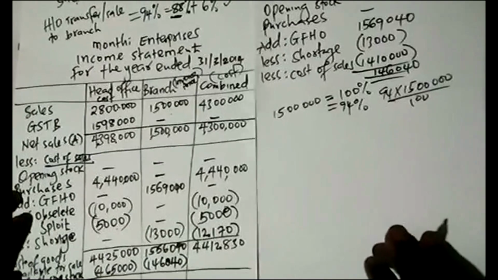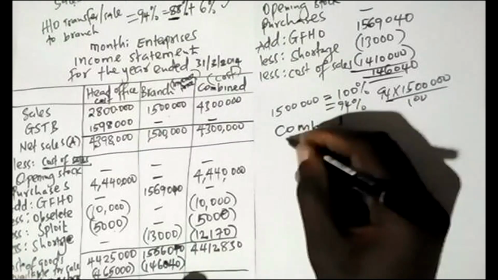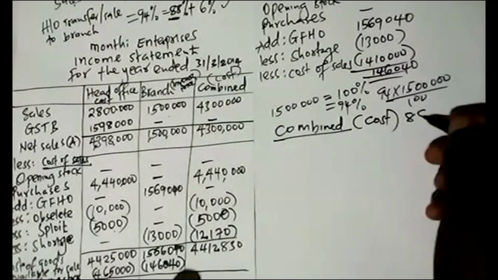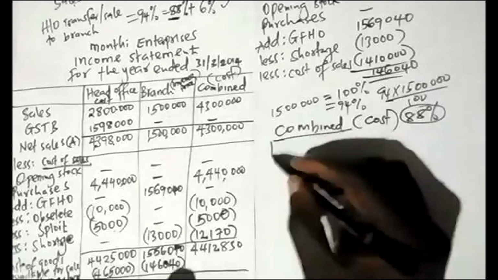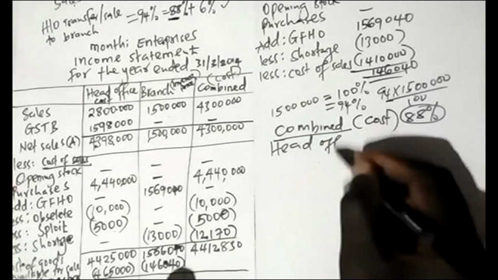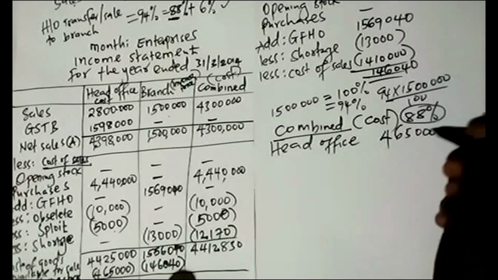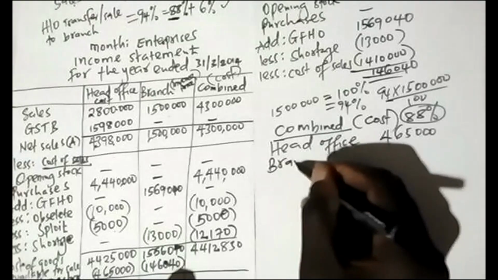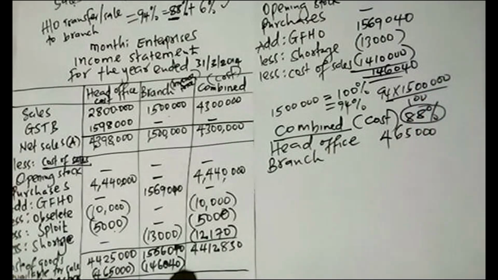Then now finally for the combined, remember the combined is supposed to be at cost, which means that it's at 88%. For the head office, it's fine. Head office was at cost. So for the head office, we got 465,000. Then for the branch, remember the 146,040 is at 94%.